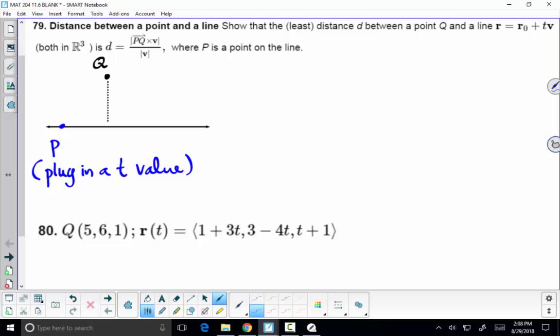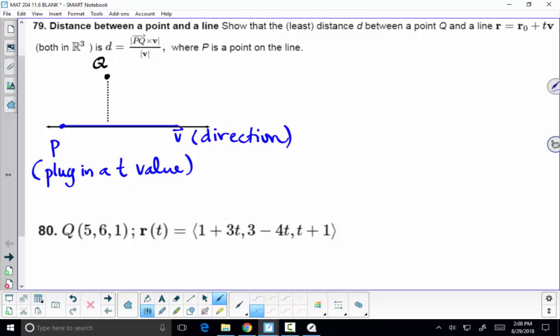And like we just saw a few minutes ago, if we look at the coefficients of t, that will give us a direction vector for the line. That's what I'll call v. So v is a direction for the line.